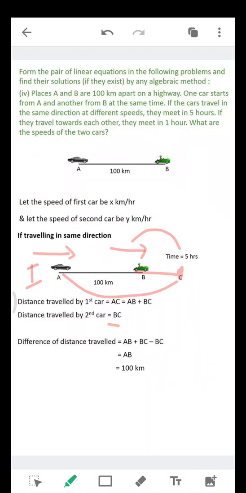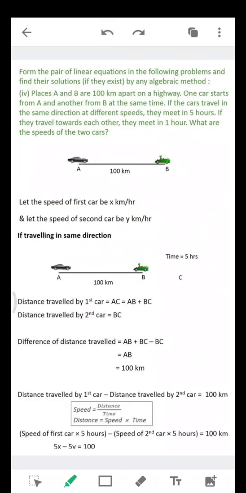Now, how do we find distance? Distance is equal to speed into time.